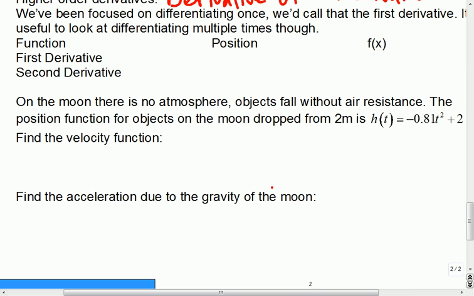But for our class, the primary one we're going to look at is distance, the position function. So if we start with the first function as position, f of x, what do you think the change in position will we call that? Displacement, okay. Displacement is a word used for position. It does show up on the exam. Any ideas?